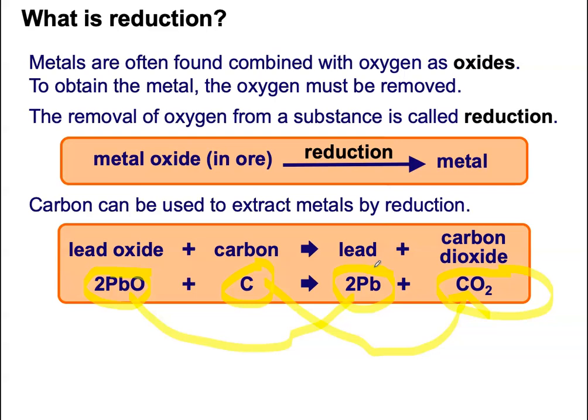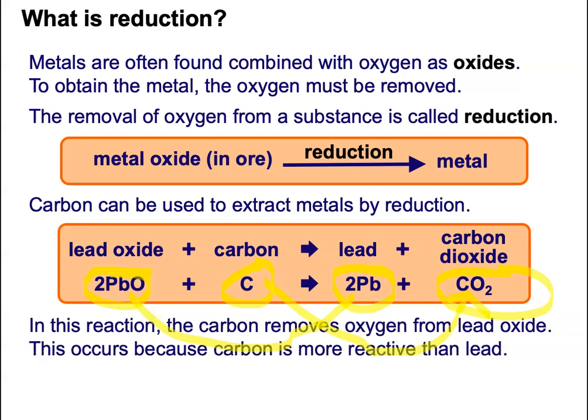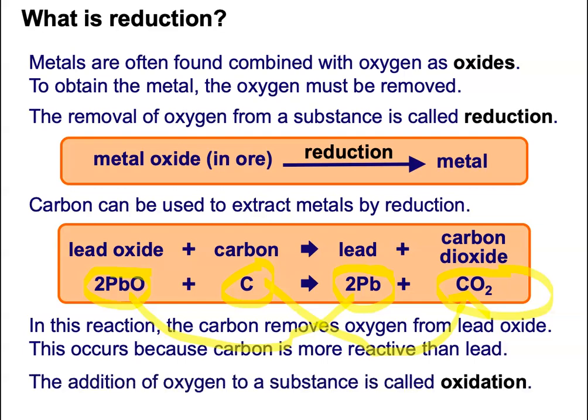That's the best way. Pause it here and just go through this slide again in order to understand reduction happening and oxidation happening in the same reaction. Okay, and there's a sentence that explains what has happened in this reaction. So oxidation is gain of oxygen.